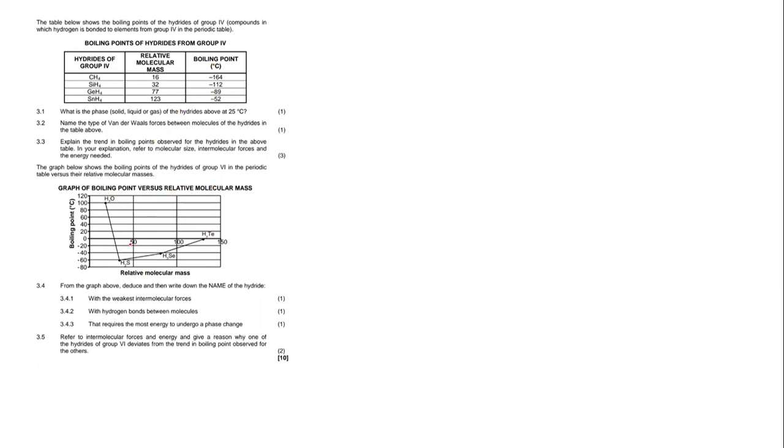Learn how to analyze the table, and also learn how to analyze the graph. We are given the relative molecular mass as well as the boiling point. So from this graph, let us try to answer the questions. From the graph above, write down the name of the hydride. Let's start with 3.4.1.